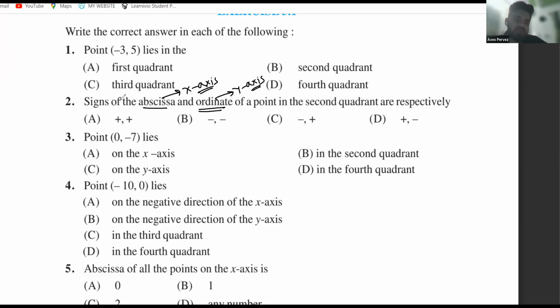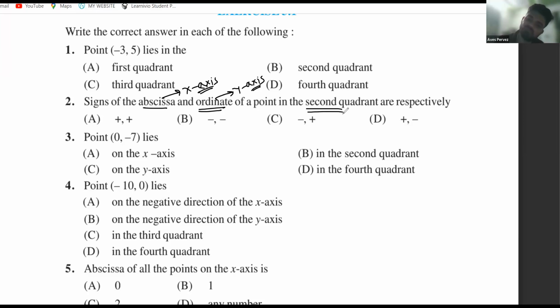So what is the sign of abscissa, meaning x, and ordinate, meaning y, in the second quadrant? What is the sign of x in the second quadrant? Negative, negative; positive, positive; negative, positive; or positive, negative? What is the sign of the second quadrant?